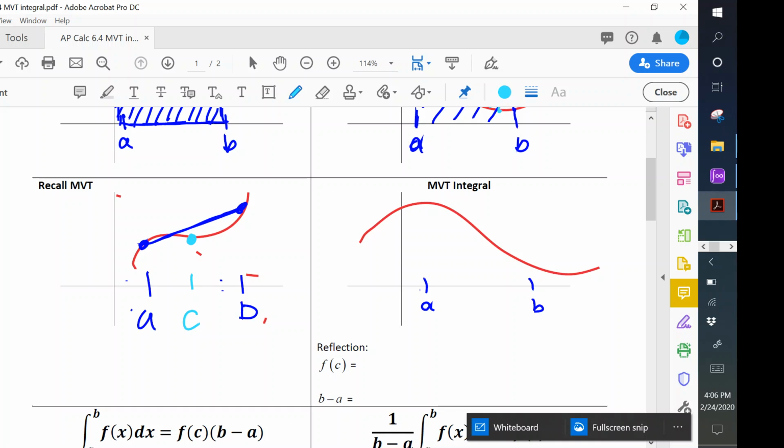The graph is a little bit off, but there is a line that ideally has the same slope as the secant line.